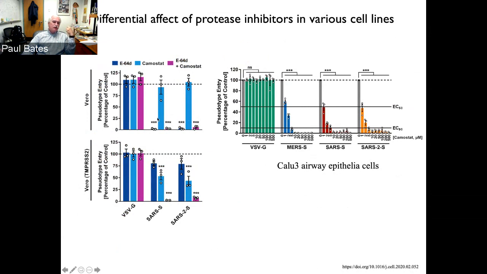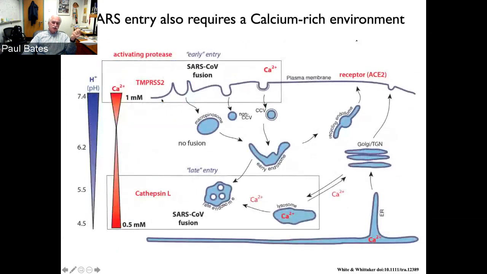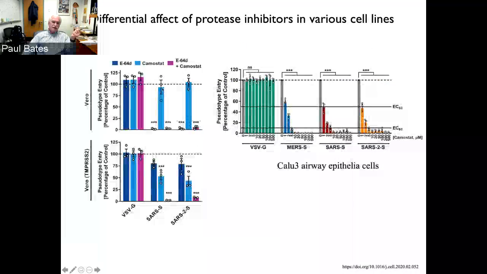However, if you use camostat, which is an approved inhibitor of TMPRSS2, you can see that there's really no effect on infection when you look at regular Vero cells.